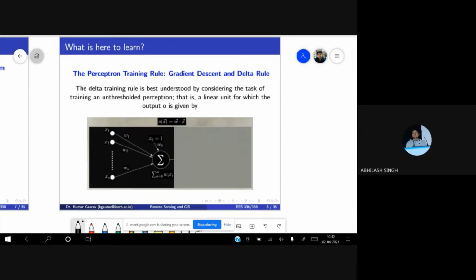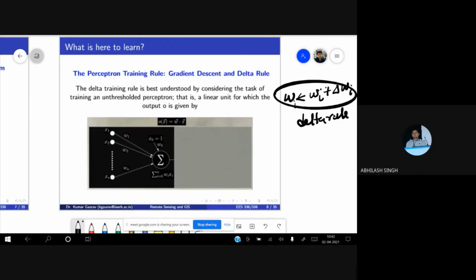Delta rule is nothing but an updating rule. It means if we have a weight value W, then the delta rule suggests that the updated weight value will be Wi plus delta Wi. This is the complete thing that the delta rule suggests. It is just updating the value of a variable.